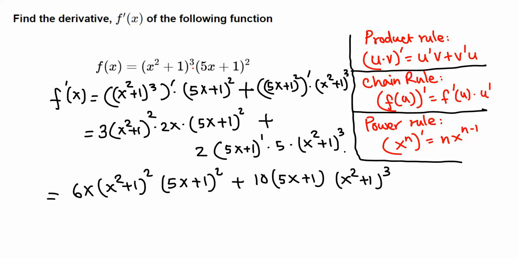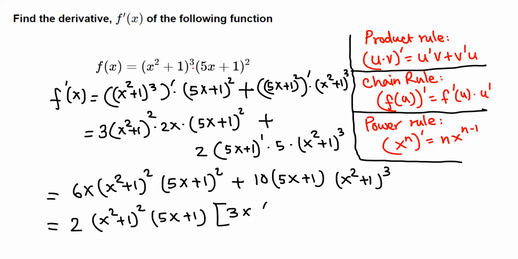You may leave it here, or you can go even further, and from 6 and 10 we can pull 2 out. (x squared plus 1) is squared, 2 copies, and we have 3 copies, so we can pull out x squared plus 1 with 2 copies. 5x plus 1, squared means 2, so we take 1 out, that leaves 2 goes into 6, 3 times 3x, and from the square, 2 out of 2, 1 out, so we have 5x plus 1, plus 2 divides 10, 5 times, and out of 3, 2 of them out, so x squared plus 1.